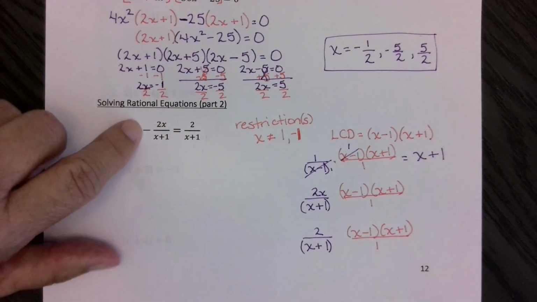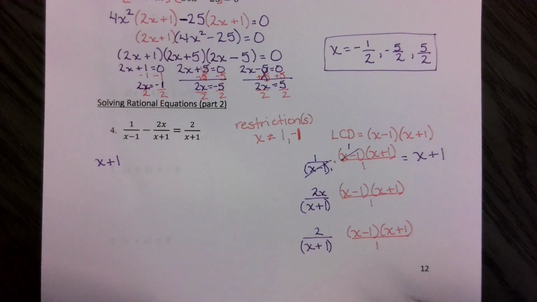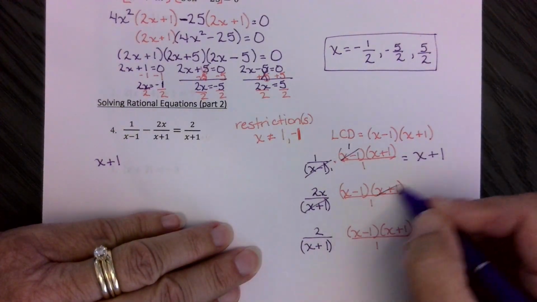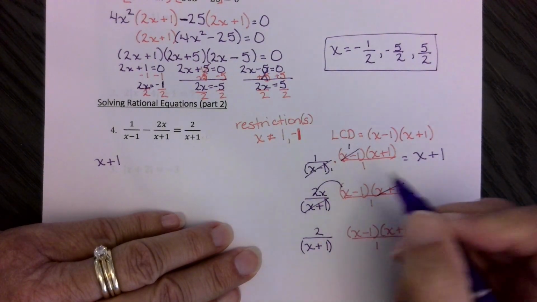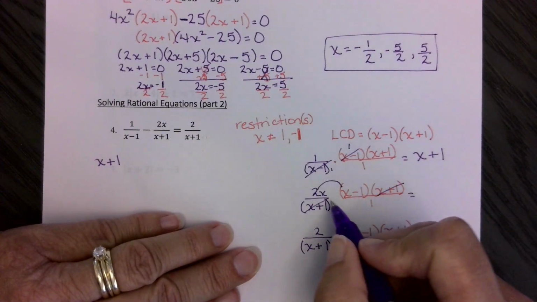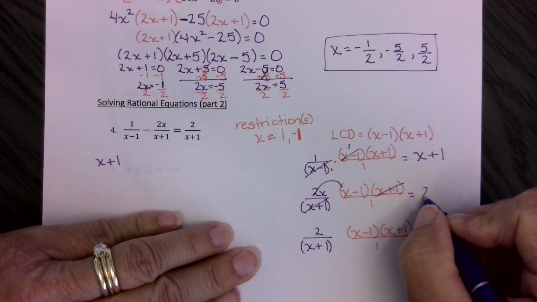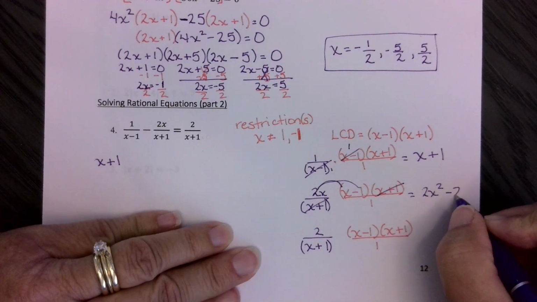Be careful, we got a minus sign. Now you could bring this down as negative. It's up to you. I just didn't this time. X plus 1's cancel. So 2x, I'll show you both ways. 2x times x is 2x squared. And 2x times a negative 1 is negative 2x.